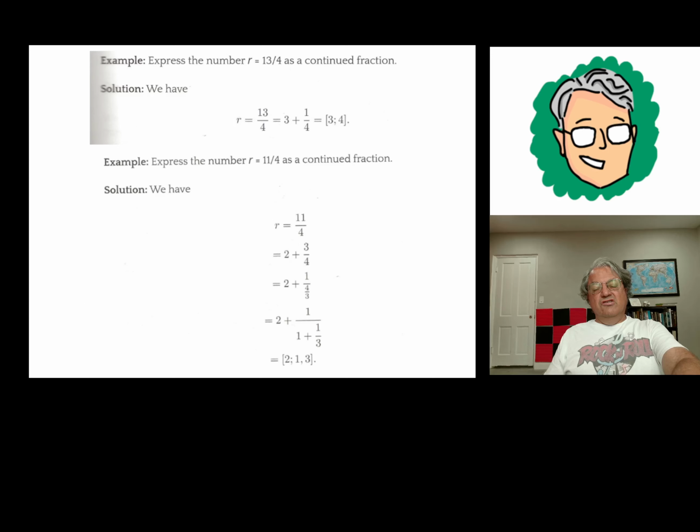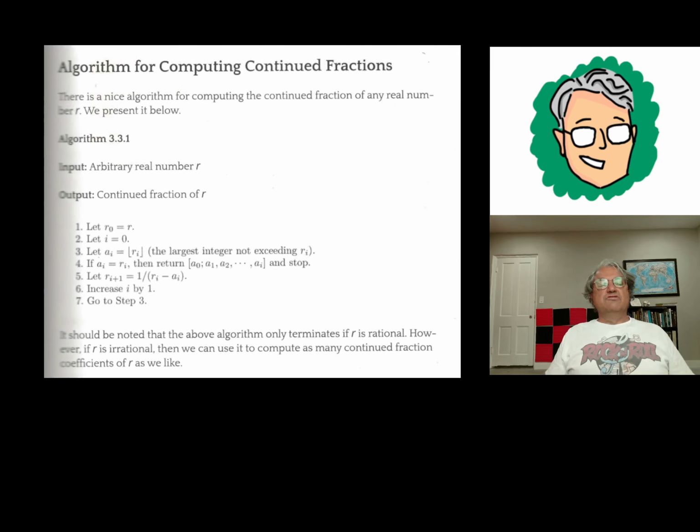And, like I said, this is a recursive procedure. You can use it for any real number you want. And as a matter of fact, there's a nice algorithm for computing arbitrary continued fractions. And this is very easy to implement on a computer. And I've done this myself many times. So here's how the algorithm goes.